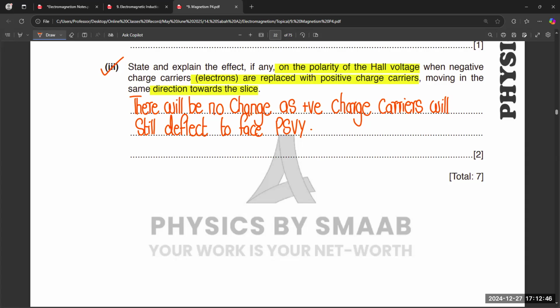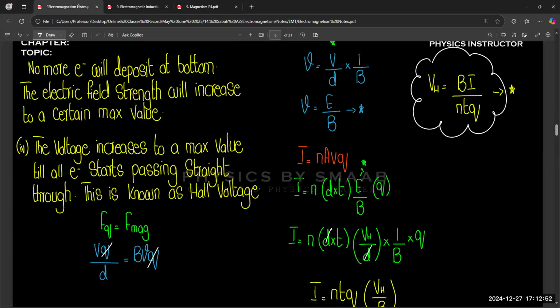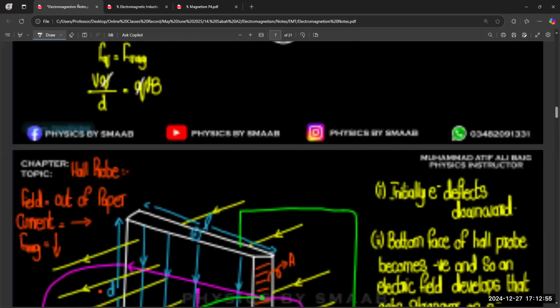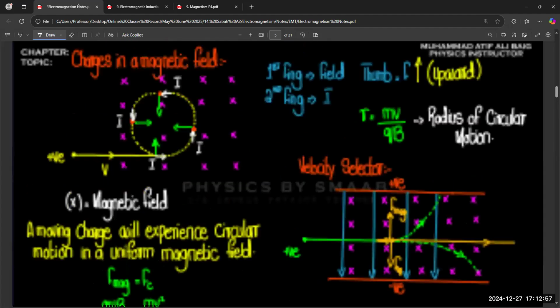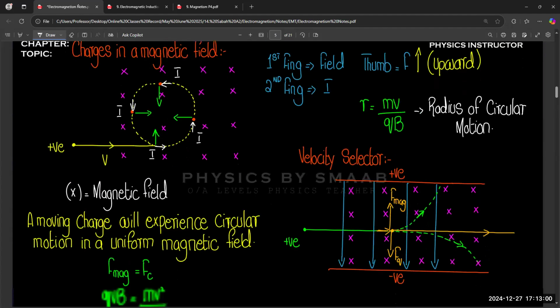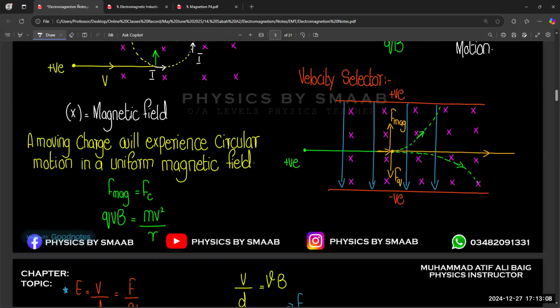One more thing: before this Hall probe topic, we discussed the idea of charge in a uniform magnetic field, and we used values to find the quantities related to a charge in a magnetic field. We also discussed the velocity selector and found the values related to it.